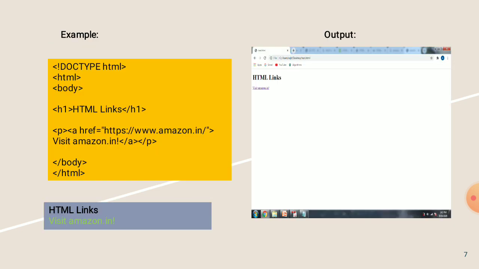This is our example. In this simple example we start with HTML, then the body section starts. We declare an h1 as a heading, the heading is HTML Links, then the heading is closed. Then we declare a paragraph, and we put a hyperlink in it. The syntax is a href equal to https://www.amazon.in, then the link is closed, with the text Visit amazon.in as the website link.